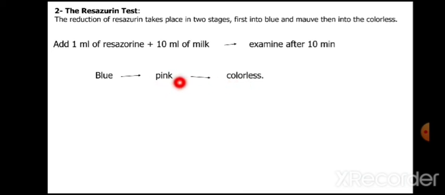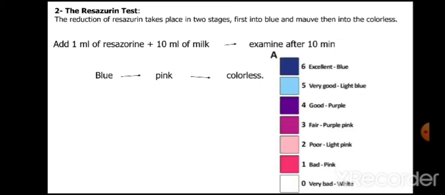Even if it gets converted to pink, it indicates reduction. Even if it gets converted to colorless, it indicates reduction. So pink and colorless are the two stages. If the microbial load is moderate, the reduction happens and the color changes to pink. If the load of microorganisms is more, it gets converted to colorless.